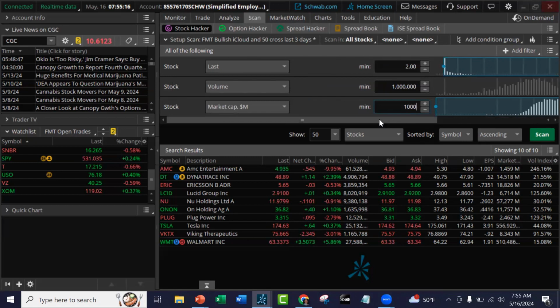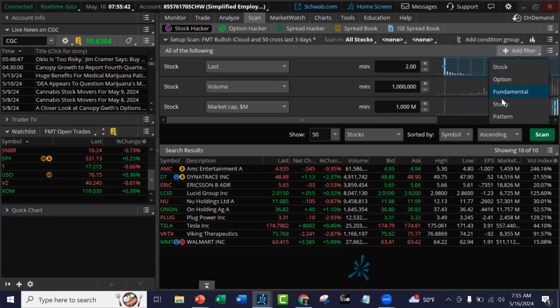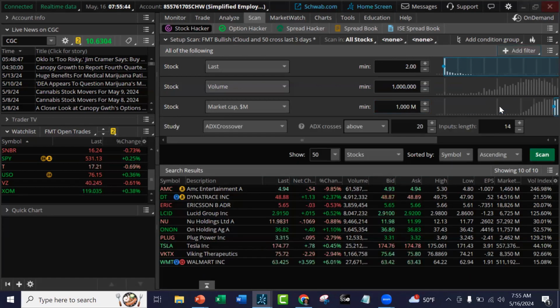So as I apply indicators now, it's only going to look at the indicators and return companies that meet this basic criteria for the price, the volume, the market cap. And at this point, I can go add indicators, or as they're called in ThinkorSwim, studies. So I'm going to add a filter.